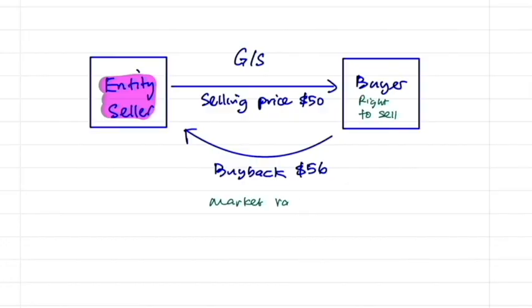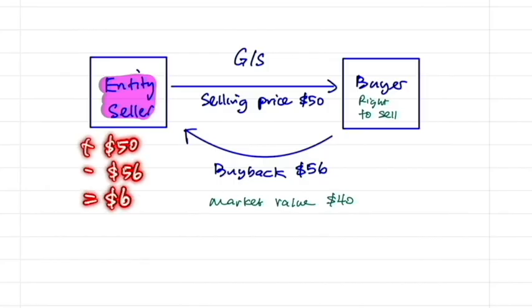In this case, it's likely that the customer is going to sell back because the market value is only 40 and they can sell back for 56. The company receives 50 and is going to pay back 56. In other words, the $6 represents an interest to the entity. It's a financing arrangement.